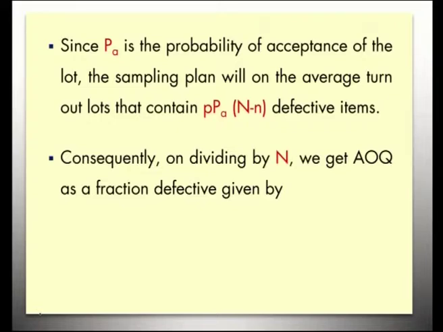Consequently, on dividing by N, we get AOQ as a fraction defective given by the formula P bar is equal to AOQ is equal to P into (N minus n) into PA divided by capital N. This is how the proportion defective or the fraction defective is calculated.